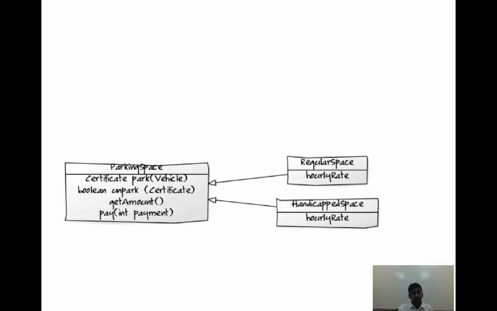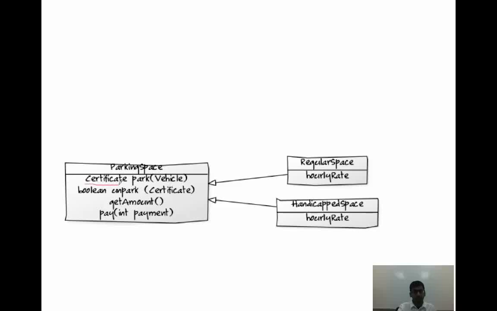So as we just discussed, we have parking space. And there are two types of parking spaces, say the regular space and handicapped space. So I use inheritance to identify its subtypes. As you can see here, the parking space provides some basic methods, some behaviors that let you park a car.